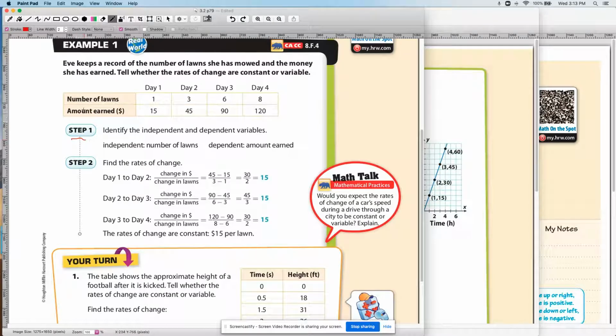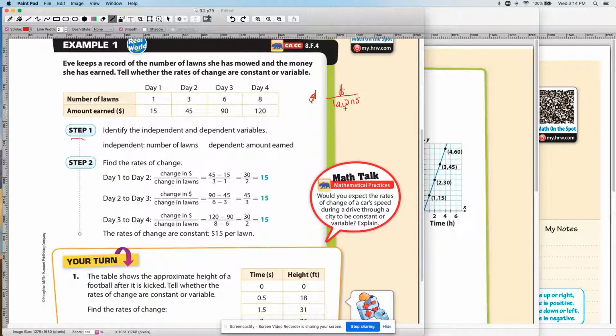So the first thing we're going to do is identify the independent and the dependent variables. Is the number of lawns she is mowing dependent on the amount of money she is earning? Or is the amount of money she earns dependent on the number of lawns she mows? In this case, the amount of money she earns is dependent on the number of lawns she's mowing.